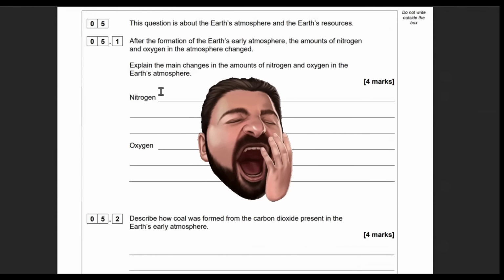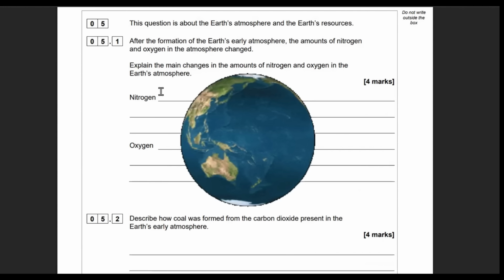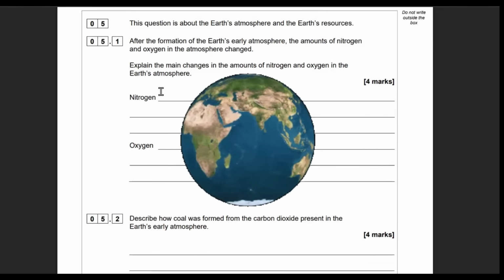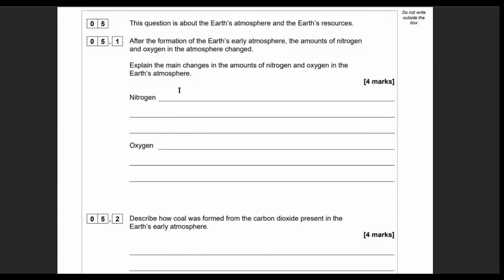Right, five. This question's about the Earth's atmosphere and the Earth's resources. After the formation of the Earth's early atmosphere, the amounts of nitrogen and oxygen in the atmosphere changed. Explain the main changes. Nitrogen increased, but nitrogen is still high in the Earth's atmosphere.